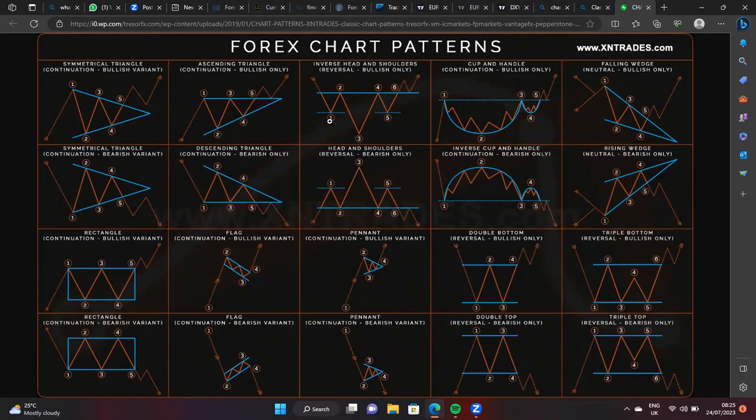So I've mentioned for you guys the inverse head and shoulders. That is for the bearish, which is of course going to turn into a bullish when it's done. And I mentioned that here you want to identify a head and shoulders. The head and shoulders in reverse is just an inverse of the head and shoulders. Here you have a head turned upside down for the bullish reversal.